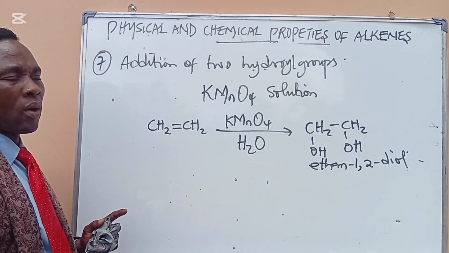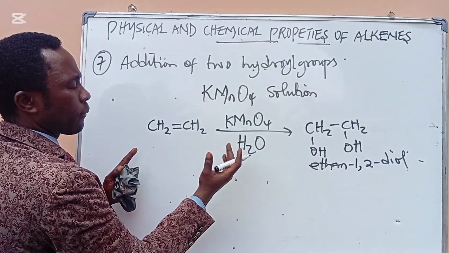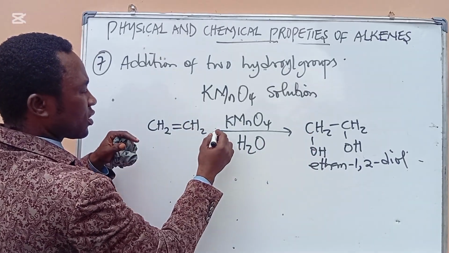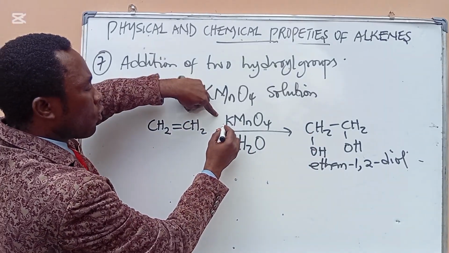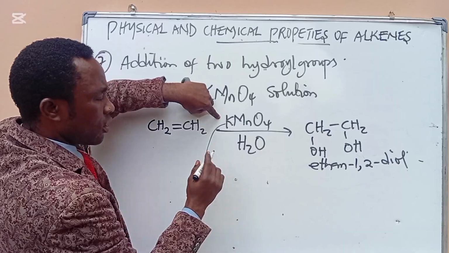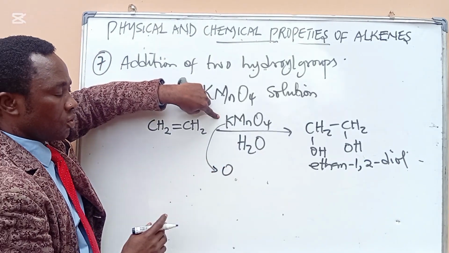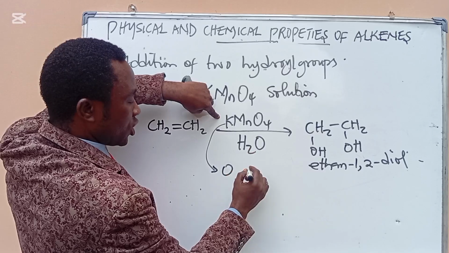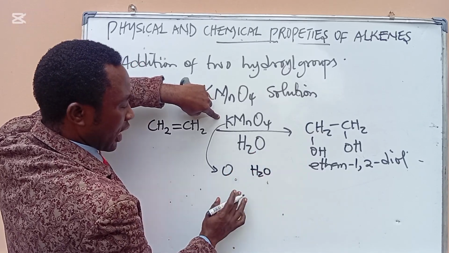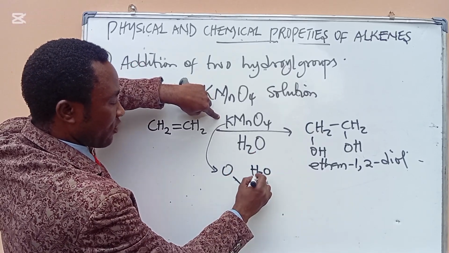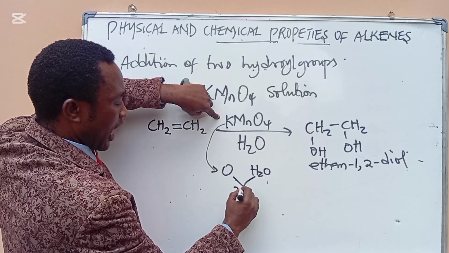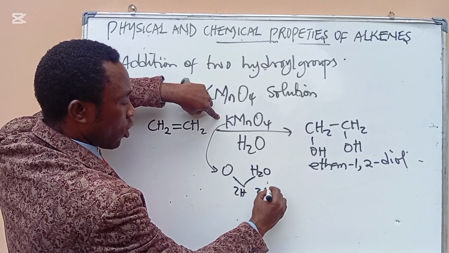Now what actually happened here? The KMnO4 donates oxygen, because oxidizing agents donate oxygen. Then you have H2O. Can you see that this is as if it is 2 hydrogen and 2 oxygen?